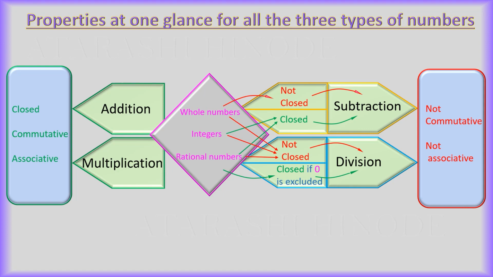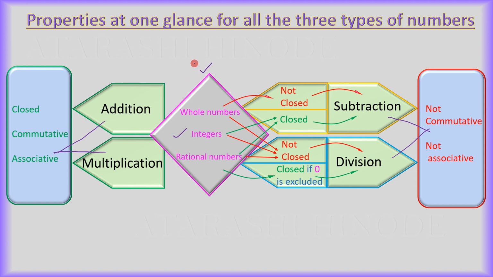Now properties at one glance for all the three types of numbers. Addition and multiplication are commutative and associative for all these numbers, whereas subtraction and division are not commutative and associative.